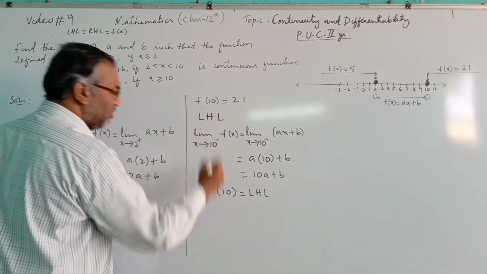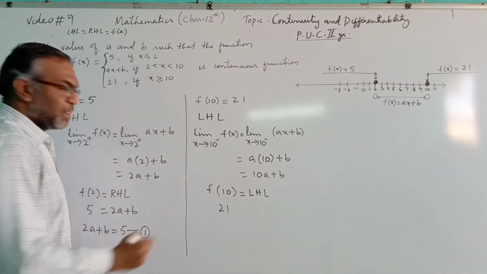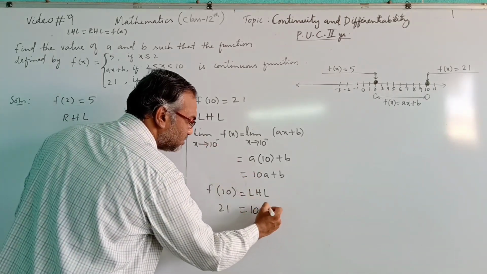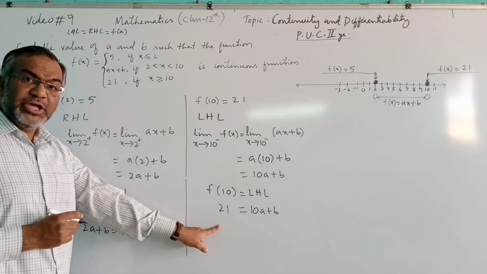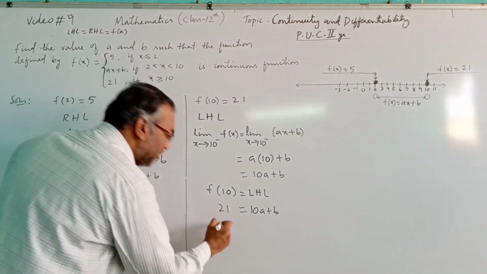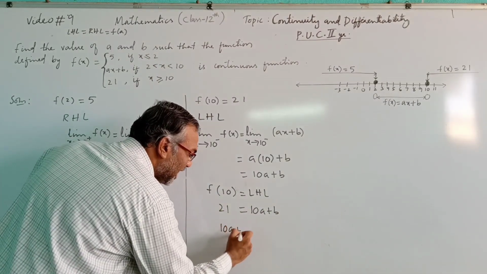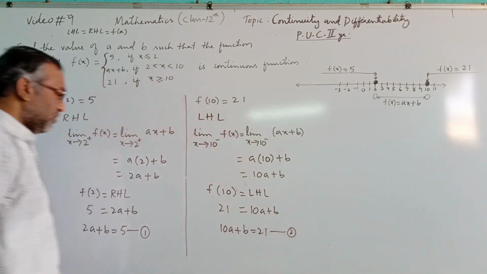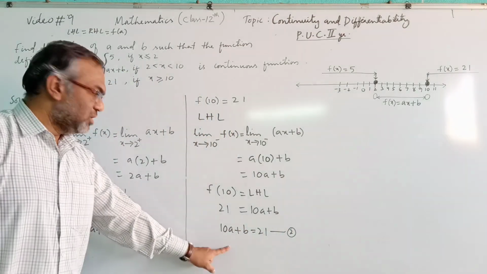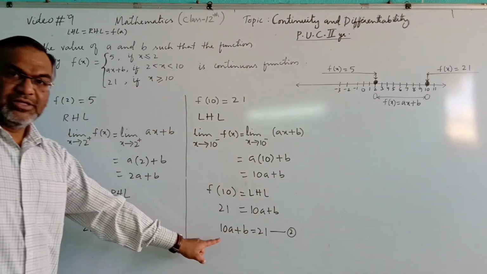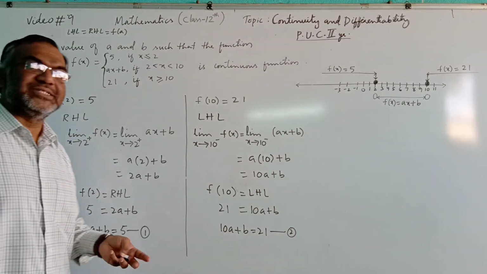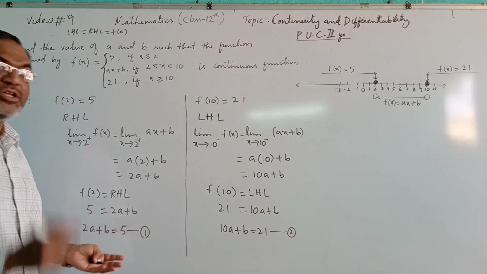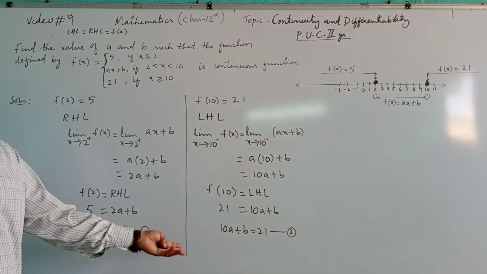What is f of 10? f of 10 is 21, which is equal to what we got as LHL, 10a plus b. So we got one more equation in a and b: 10a plus b is equal to 21. This is equation number 2. We have two equations now in a and b. You have already studied simultaneous linear equations in two variables in 9th and 10th standard, right? You know how to solve them, right?